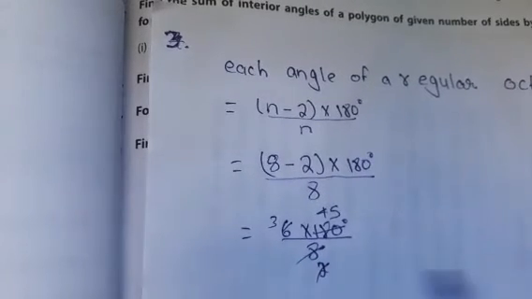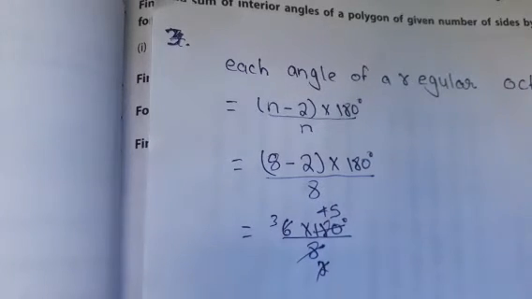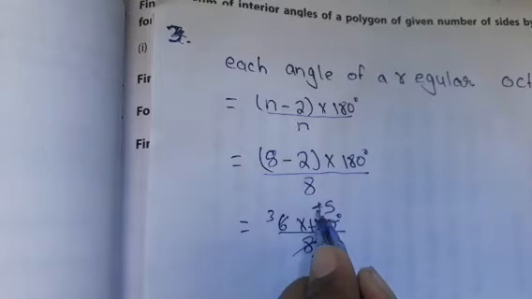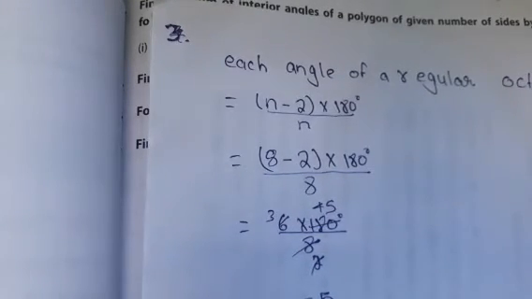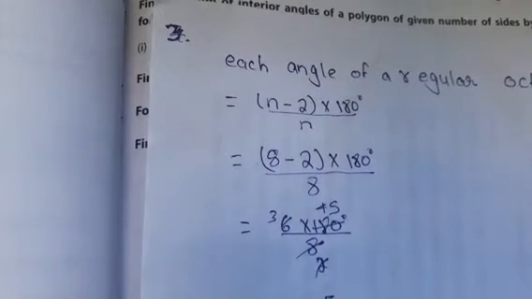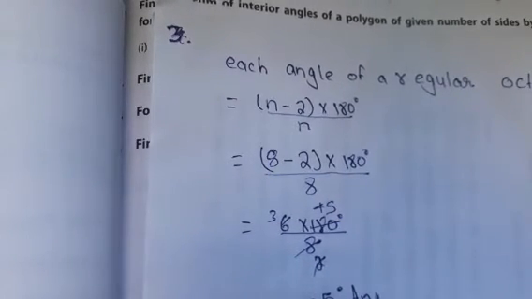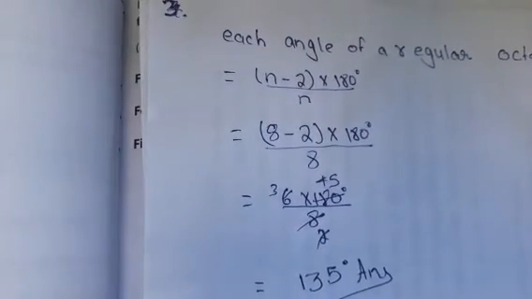Now multiply them using my trick: 3 into 5 is 15, 1 carry, 3 into 4 is 12, and add 1, 13. Here the answer is 135 degree of each angle. This is the answer.